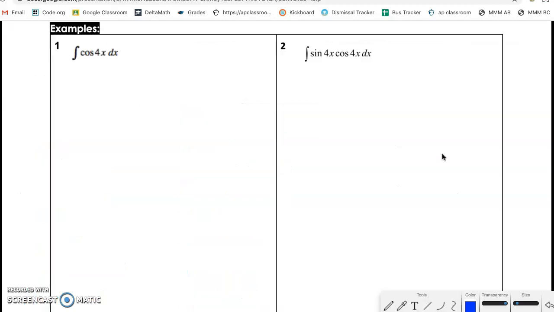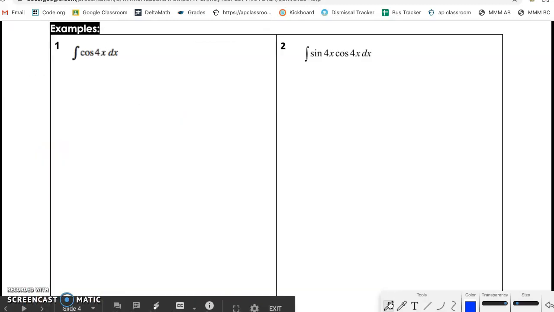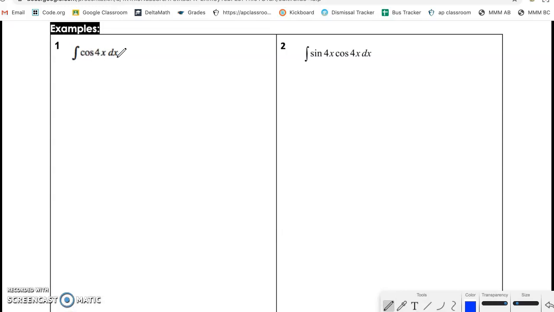All right, so examples. First we have the integral of cos 4x dx. My u, basically my inside function, would be what we're taking the cosine of. So it's cos of 4x.